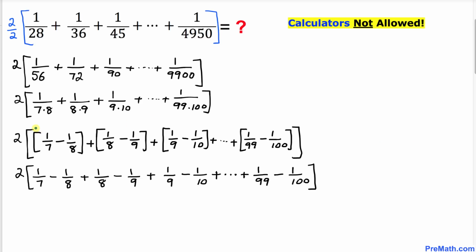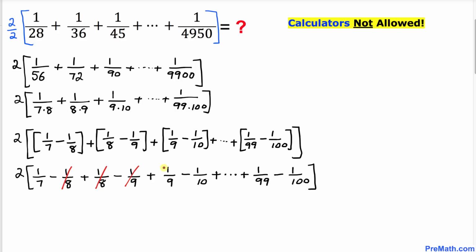In this next step, I went ahead and removed all these brackets. As you can see, we simply ended up with 1 over 7 minus 1 over 8 plus 1 over 8 minus 1 over 9, all the way to negative 1 over 100. Now we can see that negative 1 over 8 and positive 1 over 8 are gone.